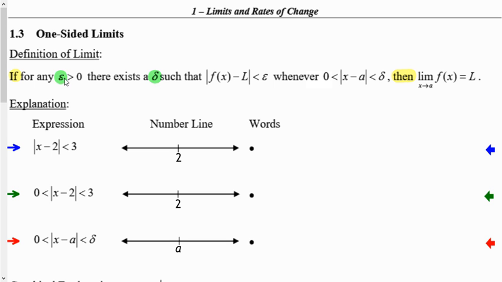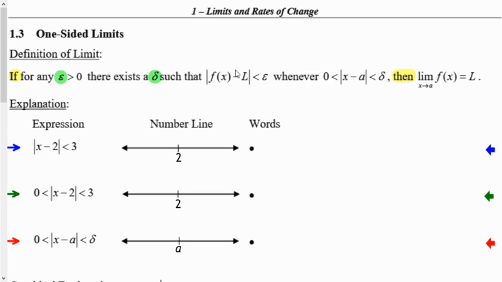So if I can choose something here and then find something there, so this would be the responding or the dependent variable. So if for any epsilon that's positive, there exists a delta such that these two absolute value statements are true, then the limit exists.